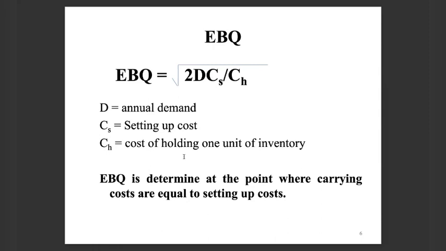So first we multiply the annual demand and setting up cost by 2, right? 2 into annual demand into setting up cost. Then we divide this whole thing by the cost of holding 1 unit of inventory. Clear? So you have to remember this equation, this formula, which is very important.